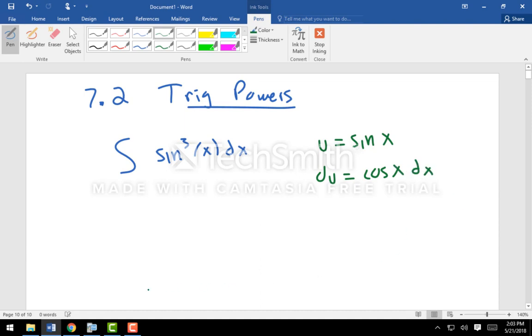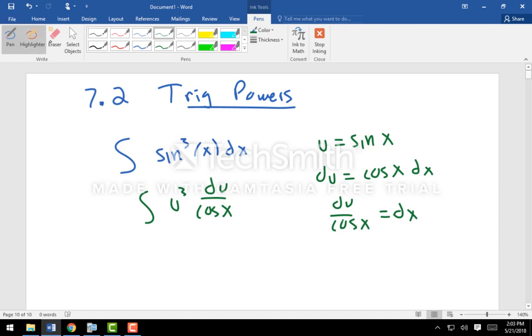The issue is that when I integrate, I'm going to have u cubed, and then my dx term is du over cosine x. So I have u cubed du. I've changed my variable to u, but I can't get rid of this x expression.